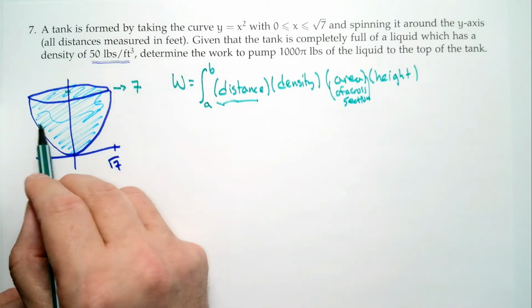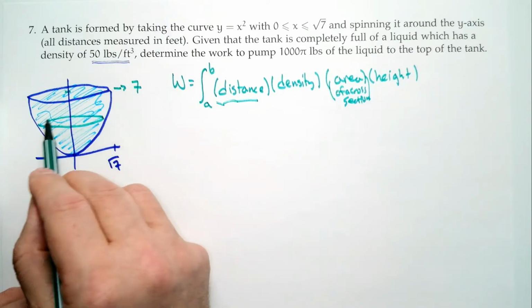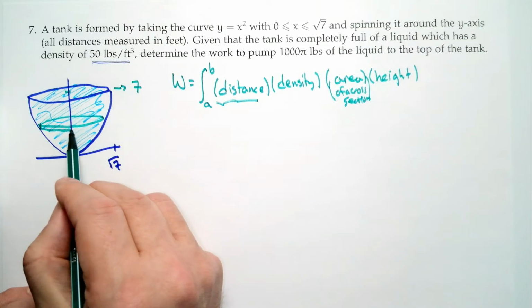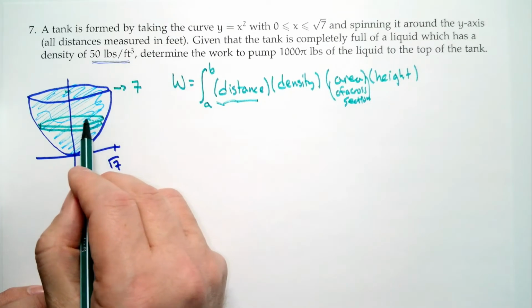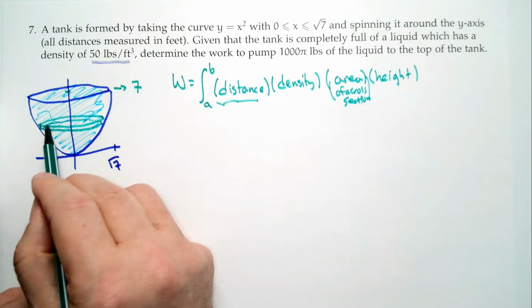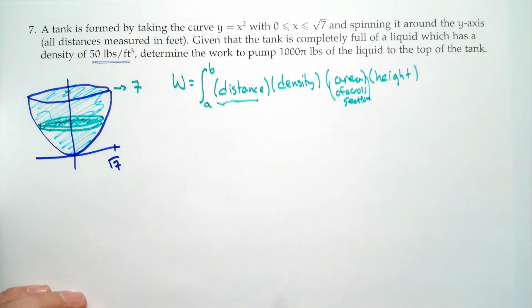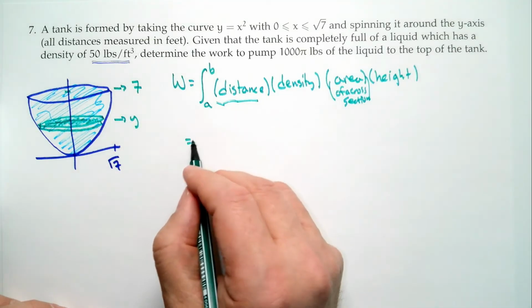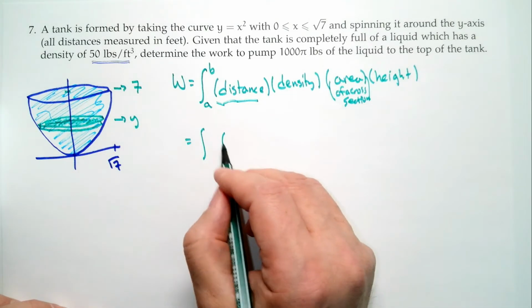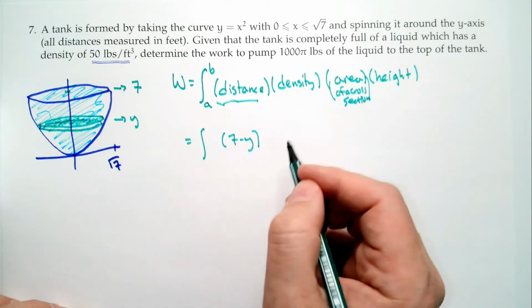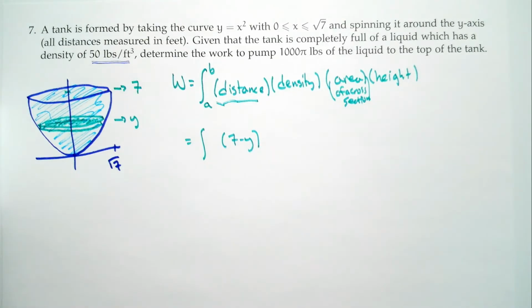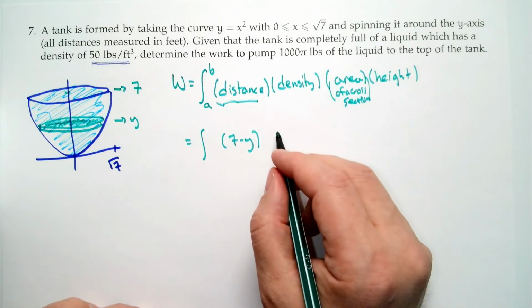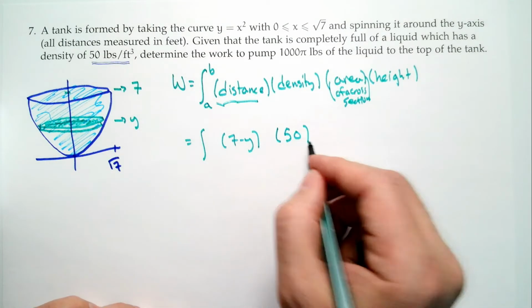So I want to imagine I'm pumping here. And so the idea is I'm just going to pump out a little tiny slice. It's like I'm taking a small sliver of water, and I'm going to take this small sliver of water and move it out. So if this is at height y, what's the distance I have to go? 7 minus y. What's the density? 50. Okay, that's not so bad.